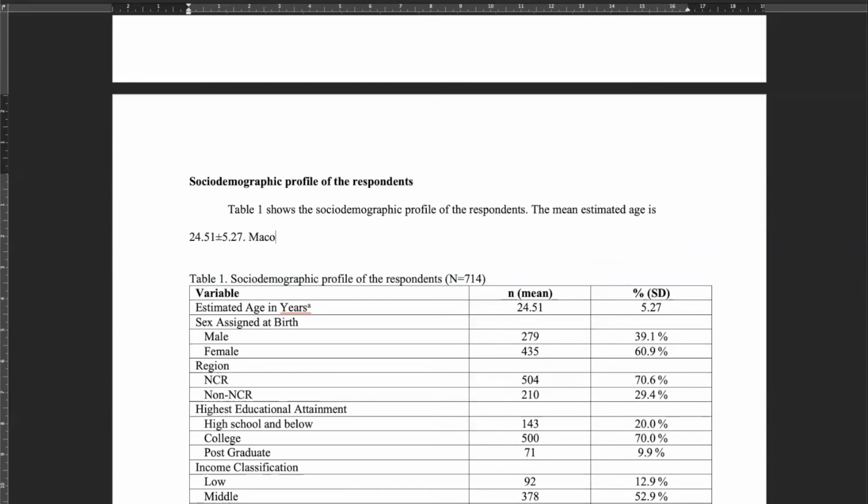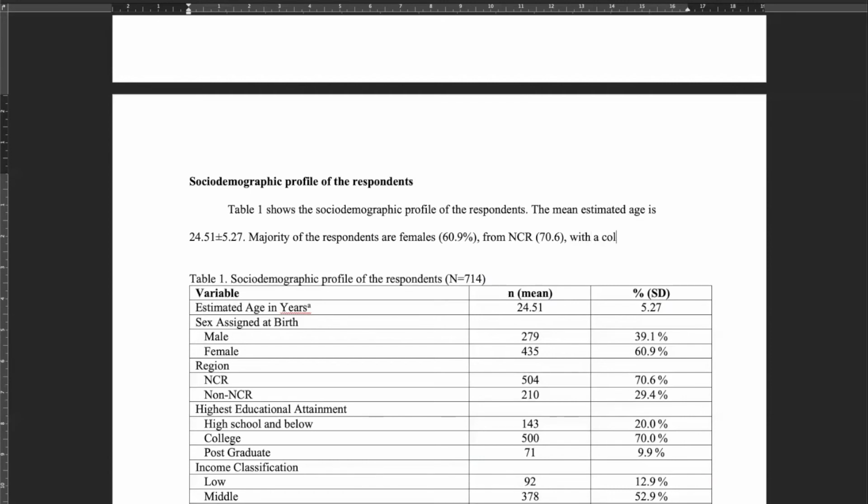So majority of the respondents are, for the sex, the higher value is females. So we say here that they are females, and then we write the percentage, 60.9%. And then from NCR, and then in parentheses, how many of them are in NCR? That's 70.6%.